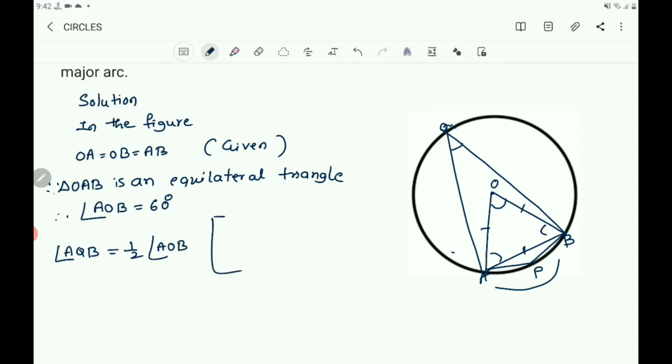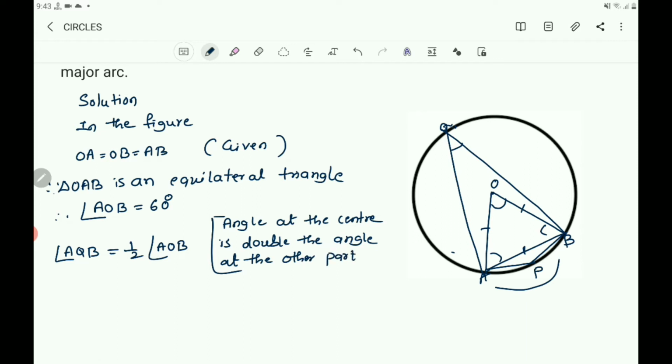Reason, the same reason: angle at the center is double the angle at the other part of the circle, on any part of the circle, that is by the same arc.